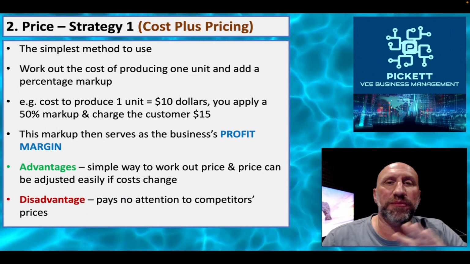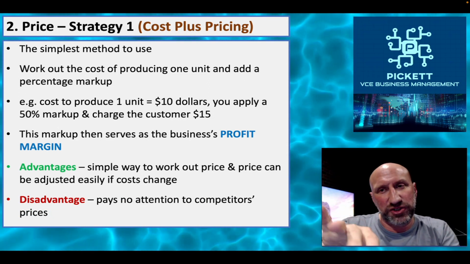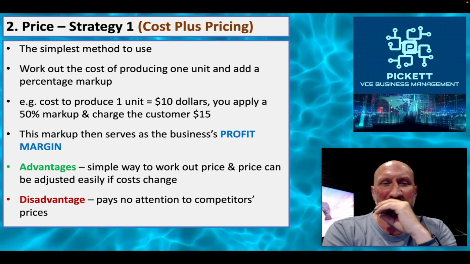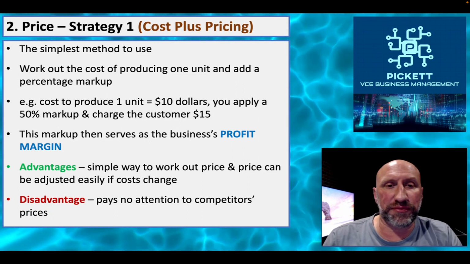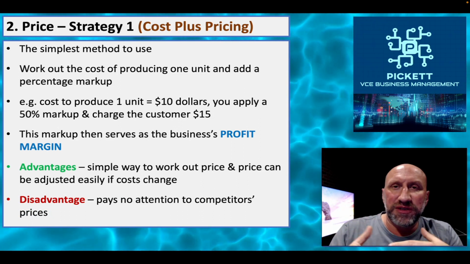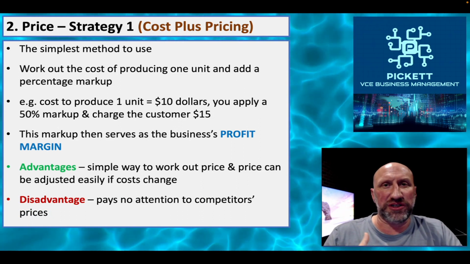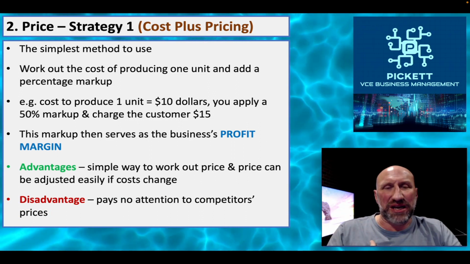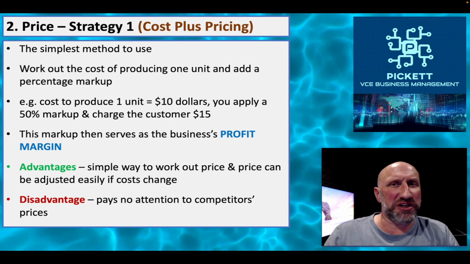The disadvantage here is it pays no mind whatsoever to competitors' prices. You can work out that it costs you $10 to produce something, which means you're going to charge 50% more, $15. But if all your competitors are charging only $6 for something perceived to have equal quality, why would people pay $15?